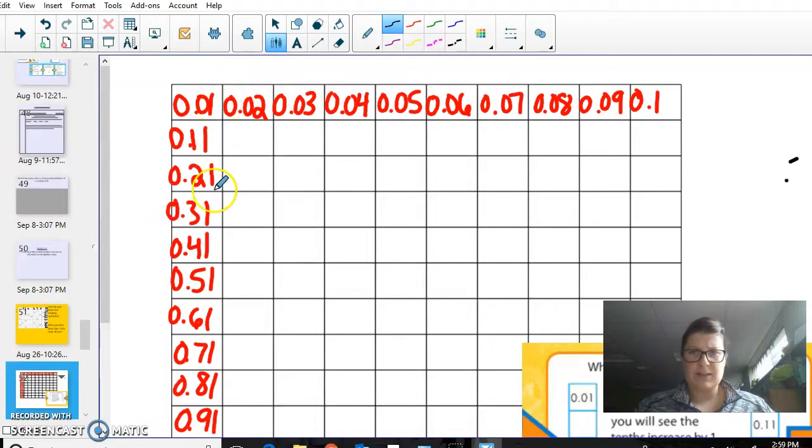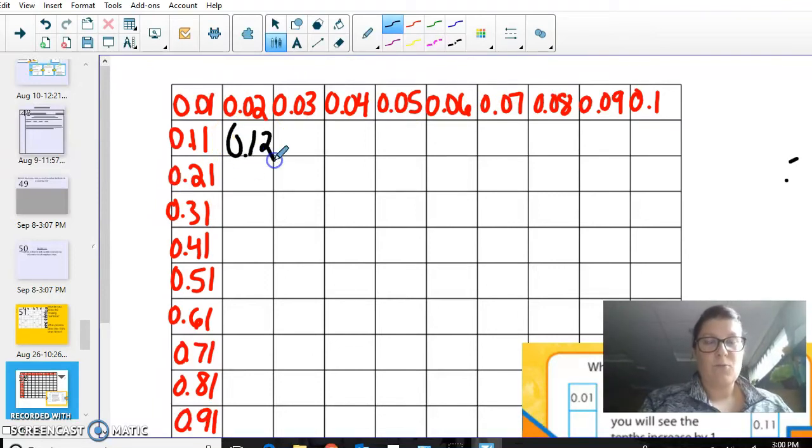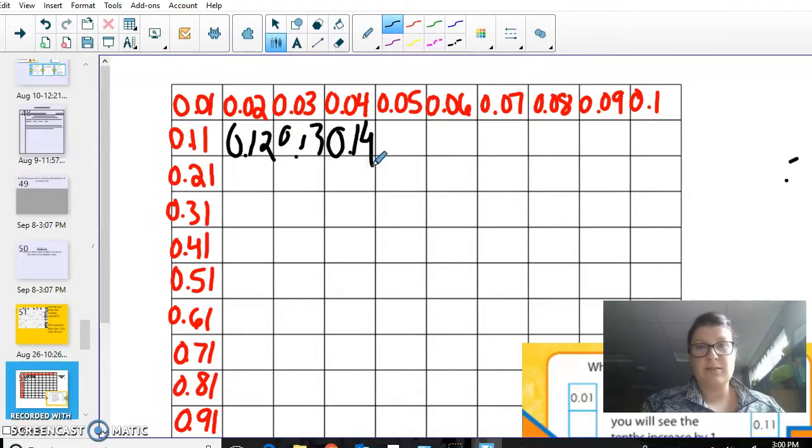Check out how it's increasing as we go down. What do you notice? You probably realize that it's increasing by 1 tenth each time. And if I were to keep filling, this would be 12 hundredths, 13 hundredths, 14 hundredths, all the way to 2 tenths or 20 hundredths.